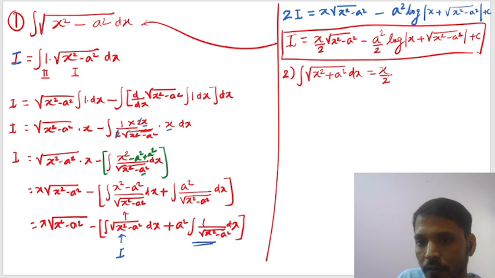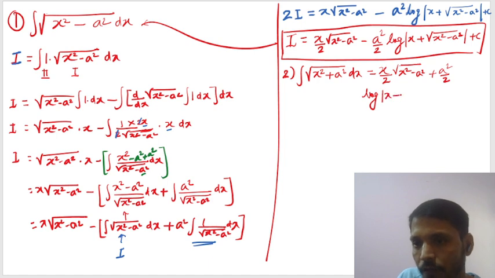It is x by 2 and under root of the data as it is, x square plus a square, plus a square by 2, and here I am writing log in multiplication only, so log of x plus under root of x square plus a square, all right, and then plus c. So this is the second formula.